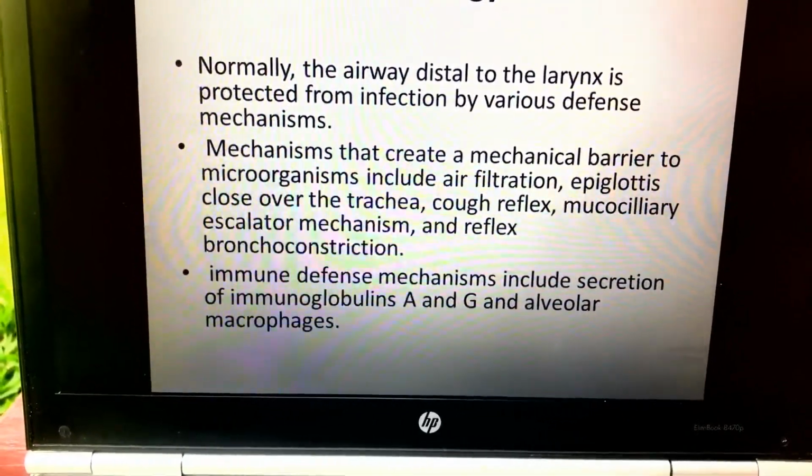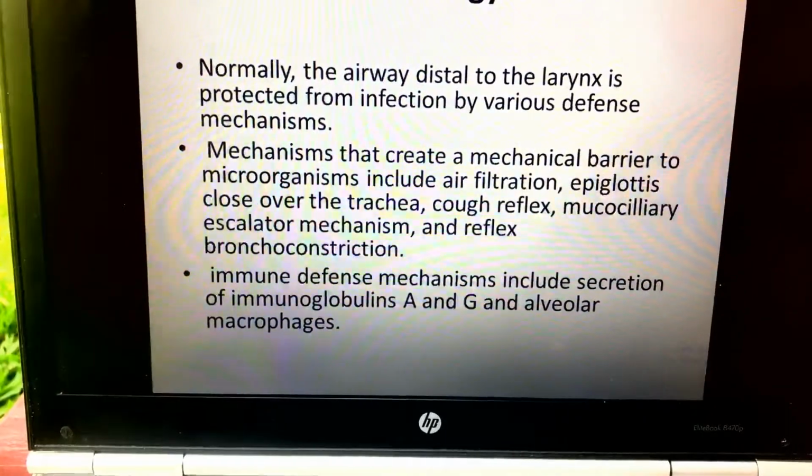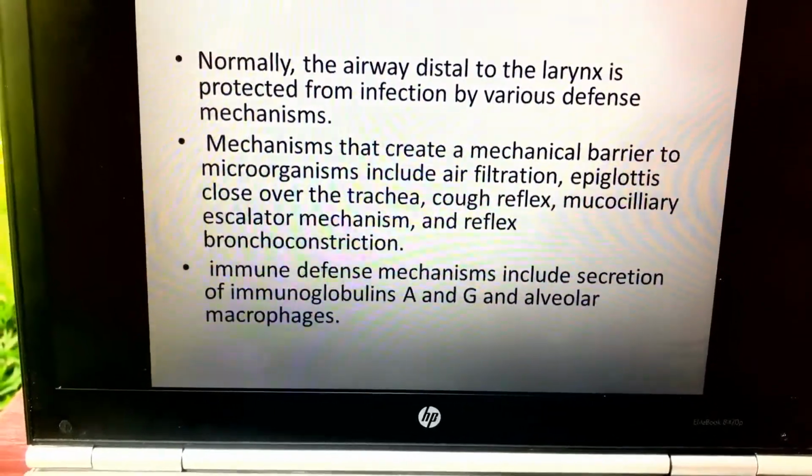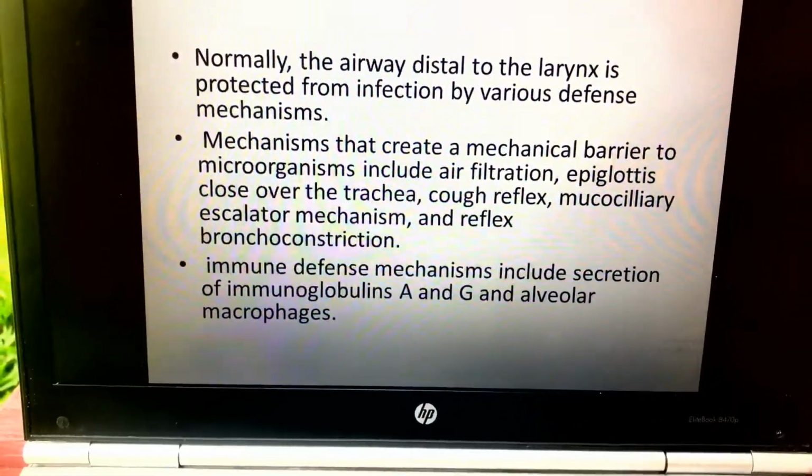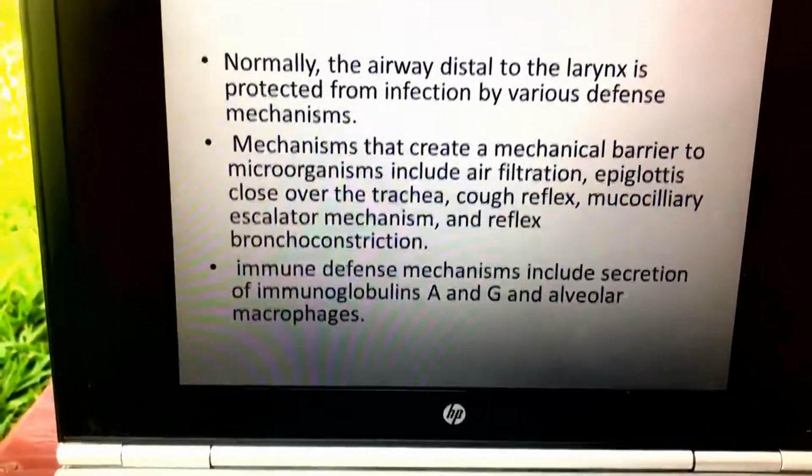And immune defense mechanisms include secretion of immunoglobulin A and G, and the alveolar macrophages also protect the respiratory system.